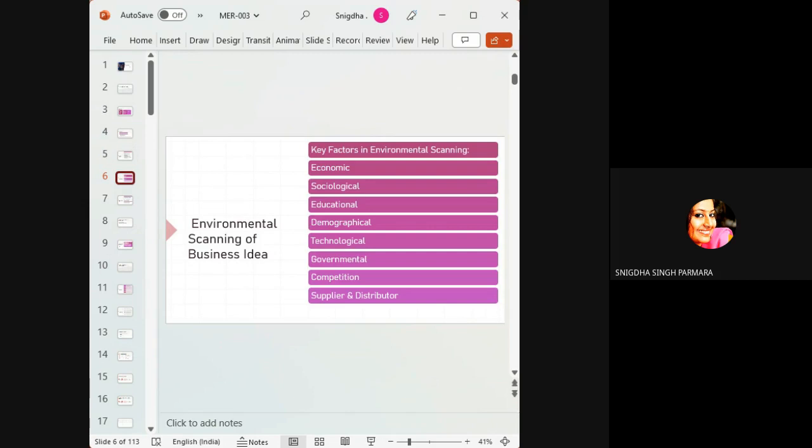There are certain key factors in environmental scanning. All these key factors we had already discussed in MER 01, which was about business environment.